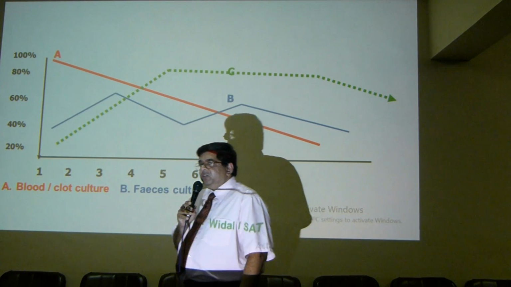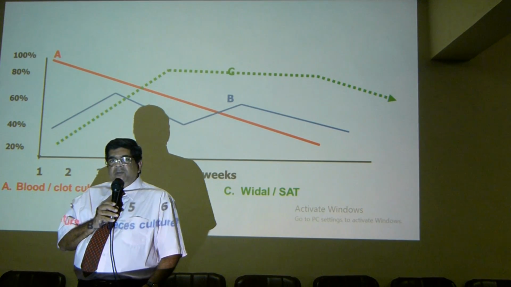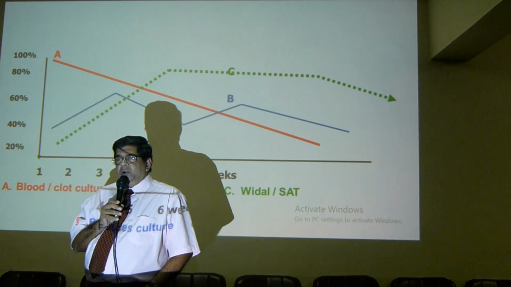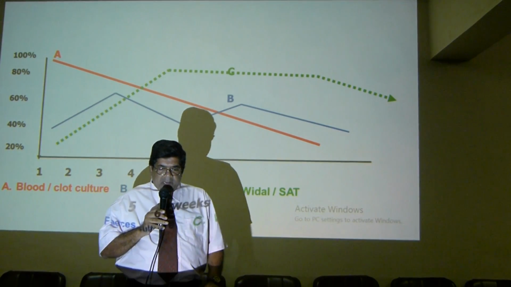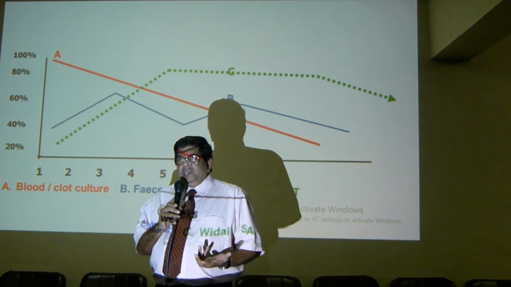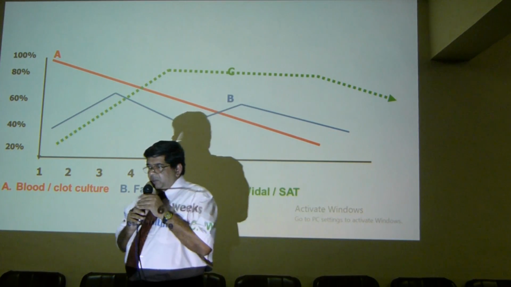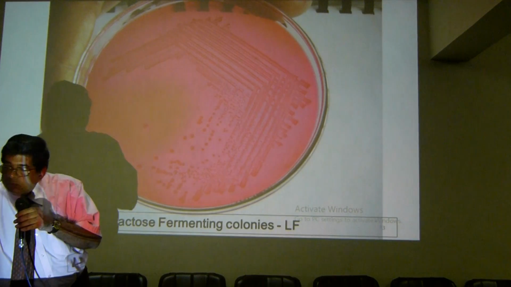Vidal test of course is not the best to do in the first week of infection because that is where we demonstrate antibodies. So naturally antibodies would take time to develop and therefore they won't be positive in the first week itself. Maybe by the second week the antibodies would be positive.